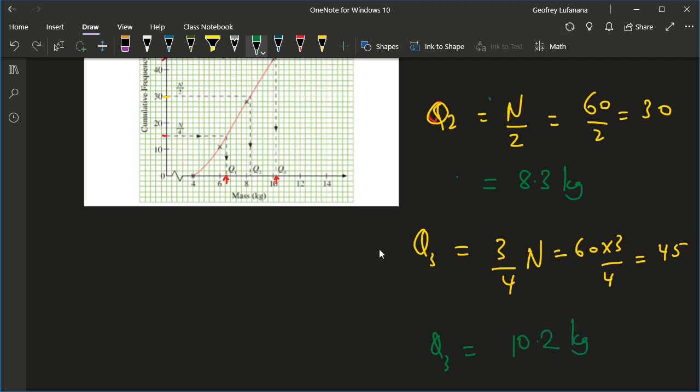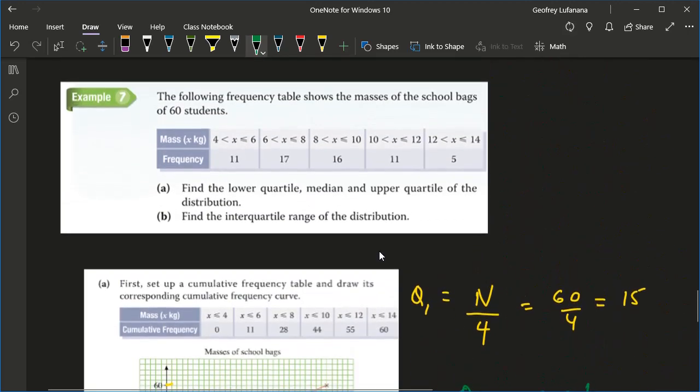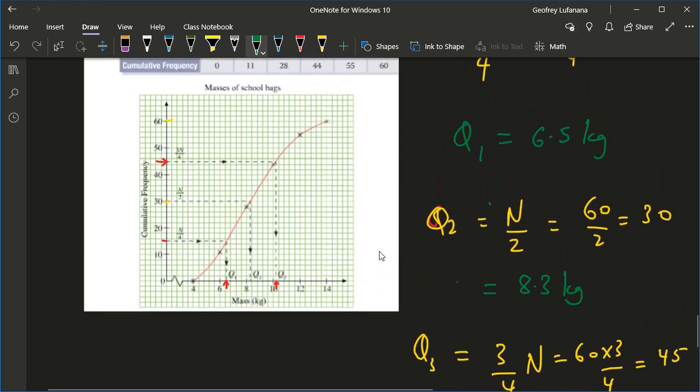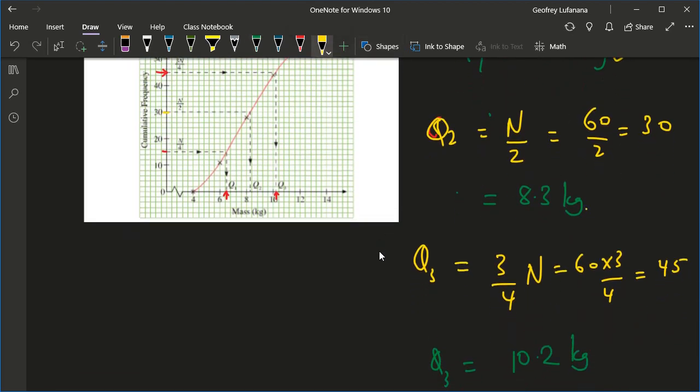kilograms. So back to our question, it required us to find the median, lower quartile, and upper quartile. So Q1 is the lower quartile, Q2 is the median, and Q3 is the upper quartile.